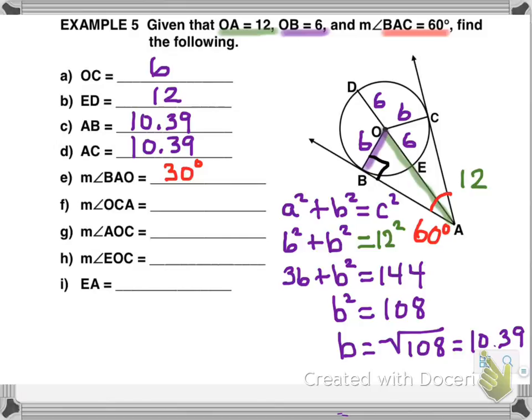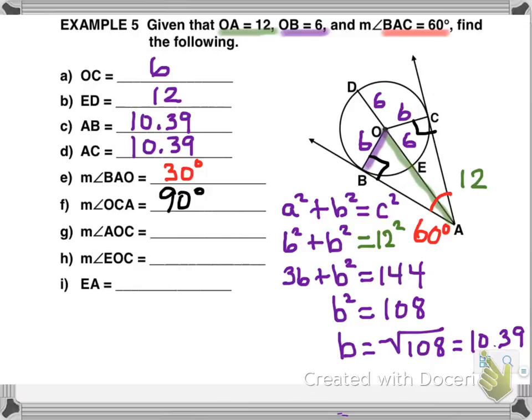Then we'll find angle OCA. OCA is 90 degrees, since it is the angle formed by the radius and the tangent OC. Then we'll find angle AOC.